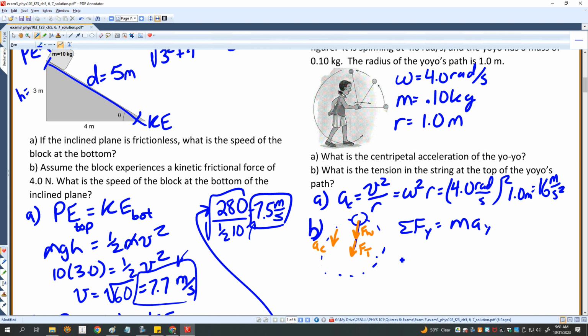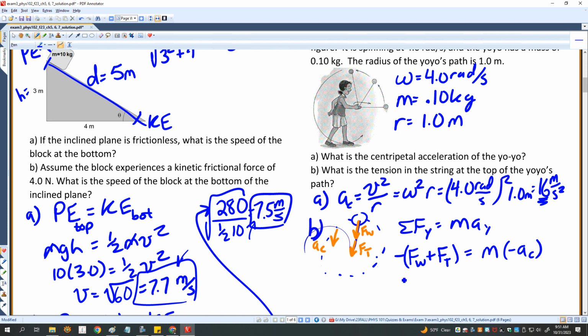Sum of the forces in the y equals negative Fw plus Ft. Actually, these are in parentheses. Both of these are negative. Is equal to the mass times the negative. I'm going to label this as a negative ac because it has a magnitude of 16 meters per second squared, which I've already found, but it's in the negative direction because it's always towards the center of the circle.